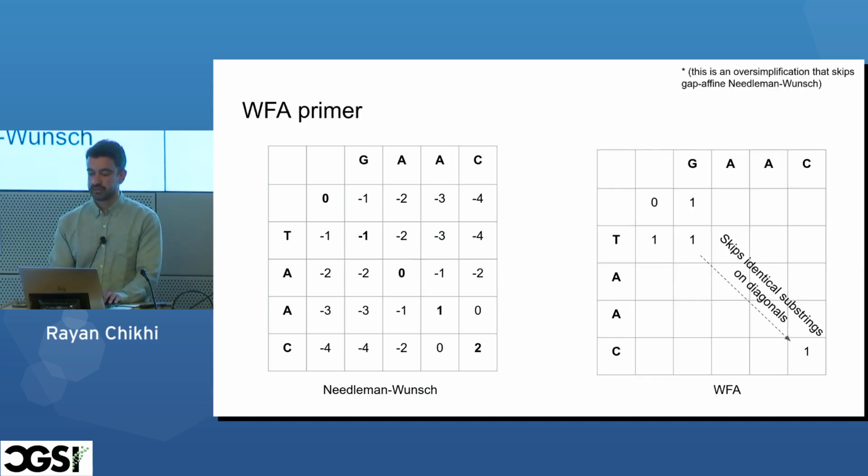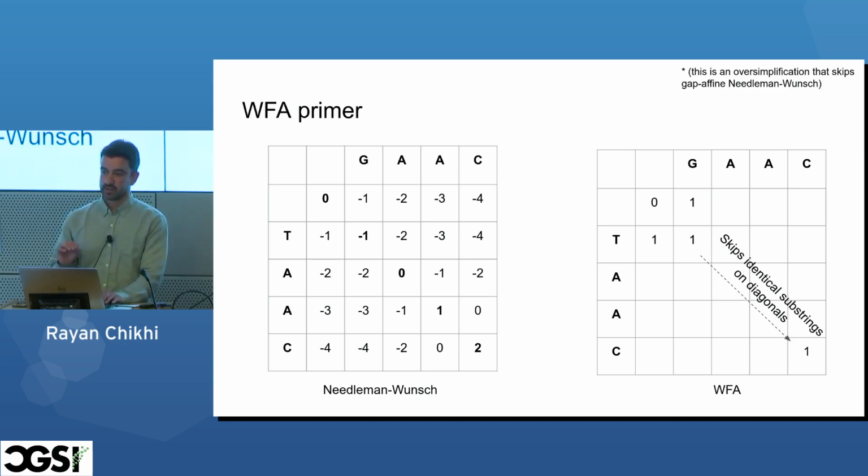And here with WFA, it follows a similar approach, but different in a crucial way. The difference is that it considers that when you have identical substrings, for instance, AAC here, you can see that they are identical between the two strings, it immediately skips filling scores in a diagonal and directly puts the right score at the bottom, at the end of the identity of strings.